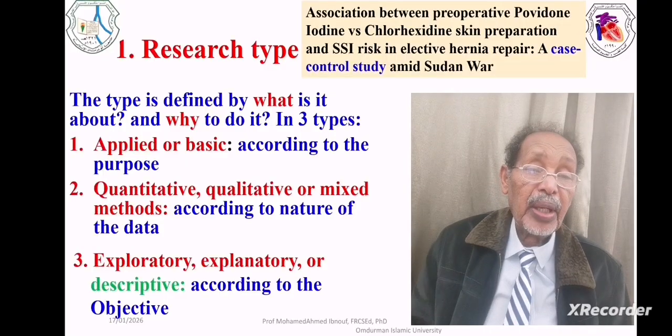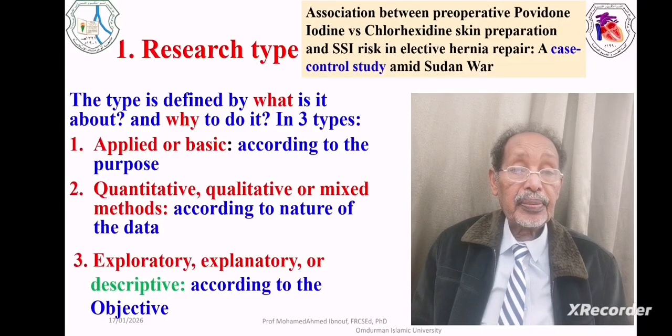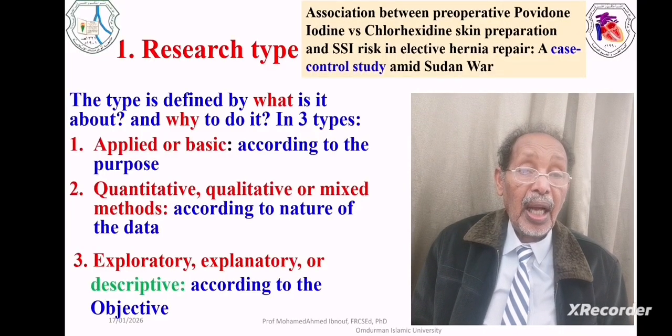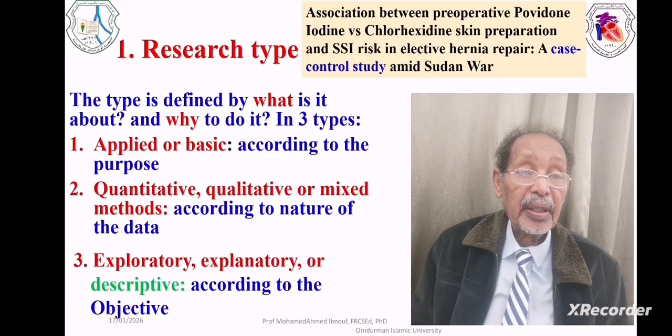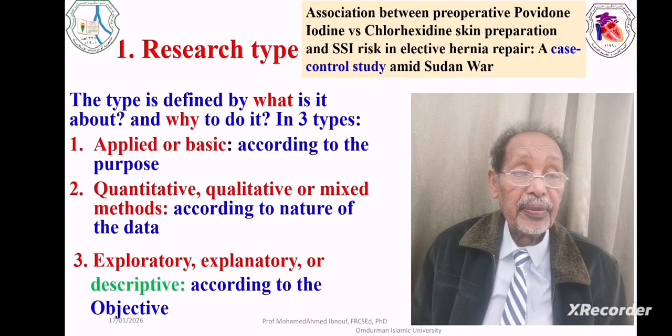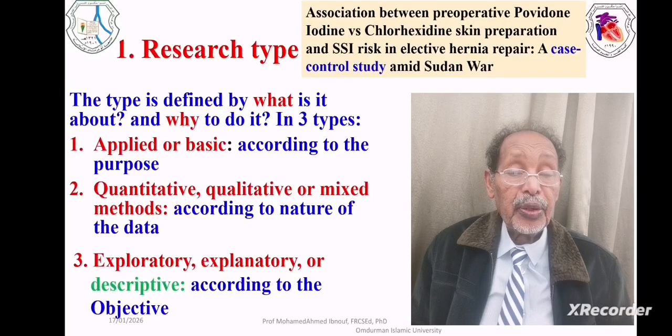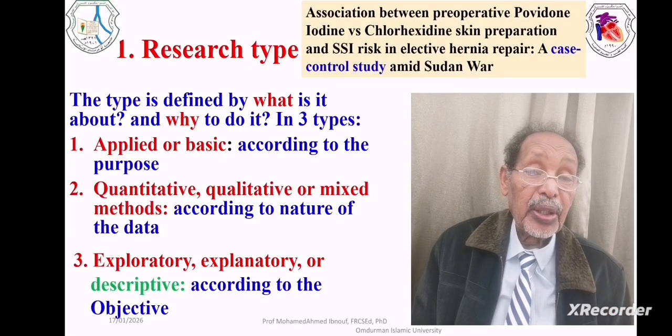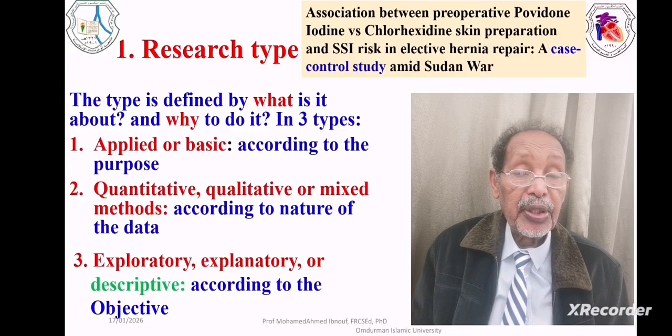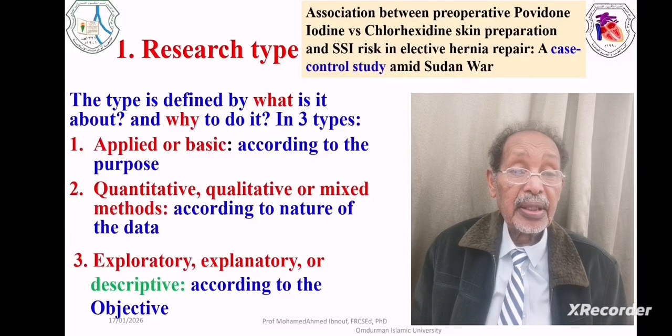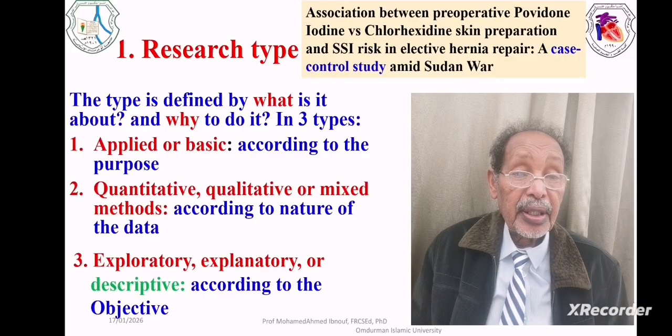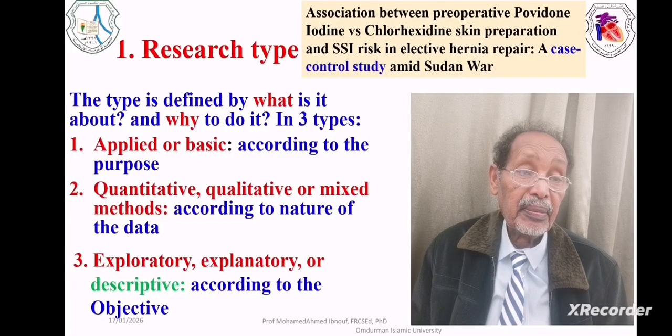Now let us look at this example. Association between preoperative providone iodine versus chlorhexidine skin preparation and surgical site risk in elective hernia repair, a case control study amid Sudan war.